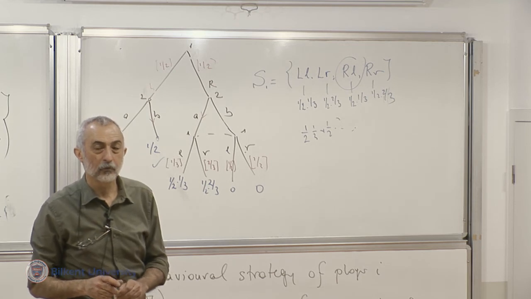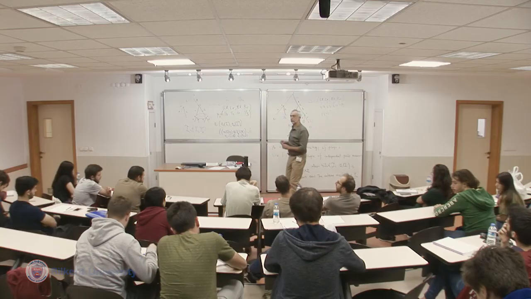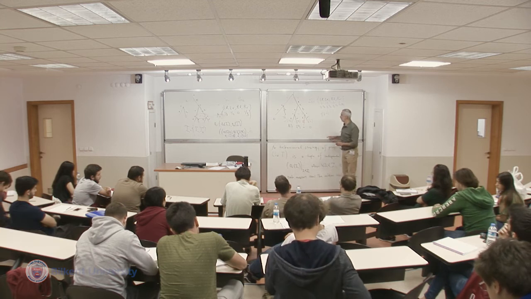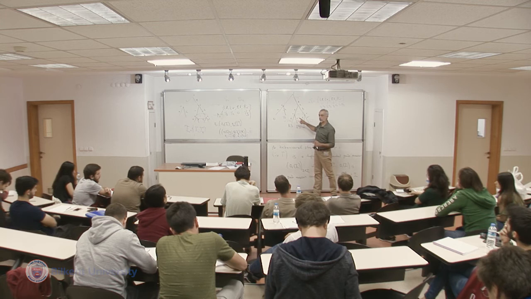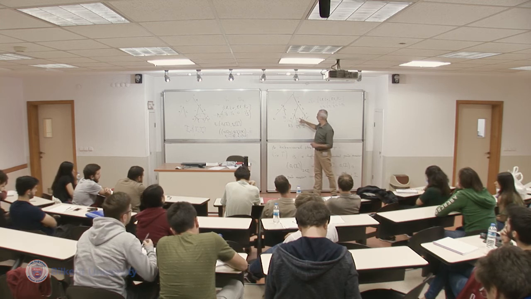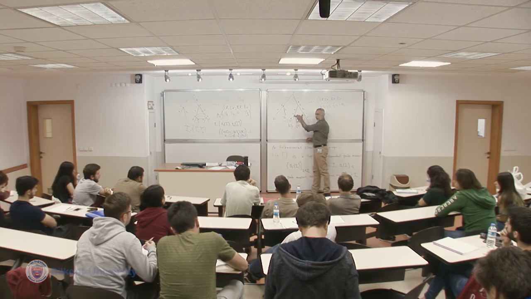Like when I come to this node, come again, I couldn't hear that. When I come to the node that I play small L, this one or this one? Oh, player 1 comes here.